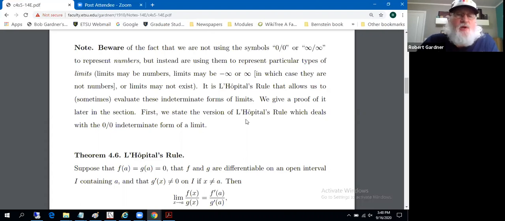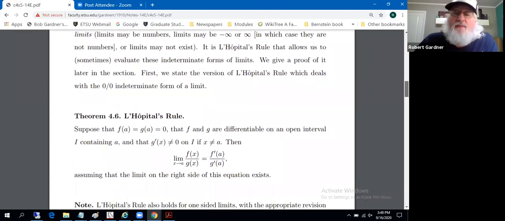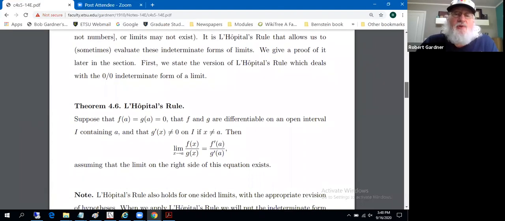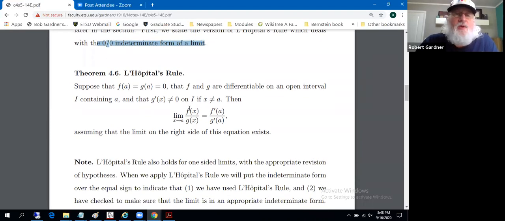We'll give a proof of L'Hopital's rule at the end of the section. Let's state some versions of it first and illustrate those. Okay, first, for the 0 over 0 indeterminate form of a limit, we have the following version of L'Hopital's rule. Suppose f of a and g of a are both 0, that f and g are differentiable on an open interval I containing a, and that the derivative of g is non-zero on I except possibly at a.